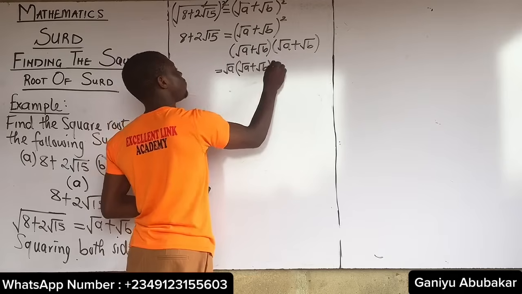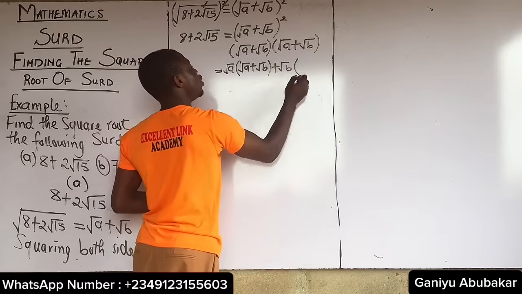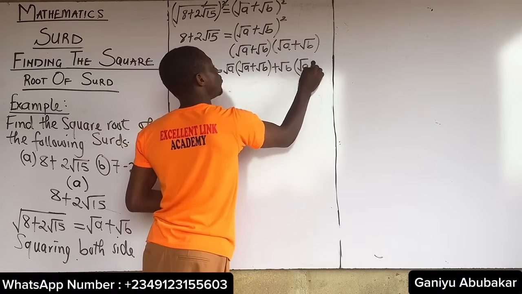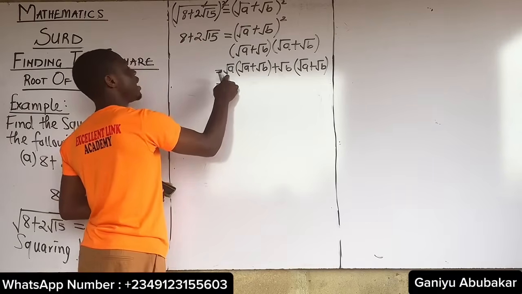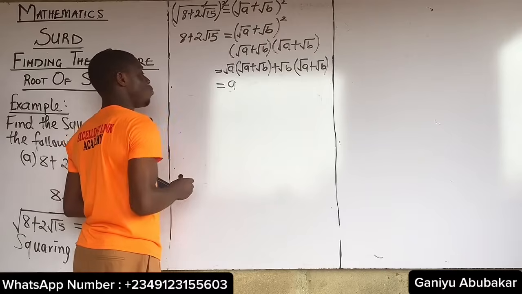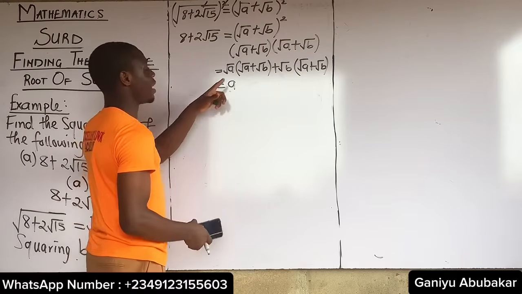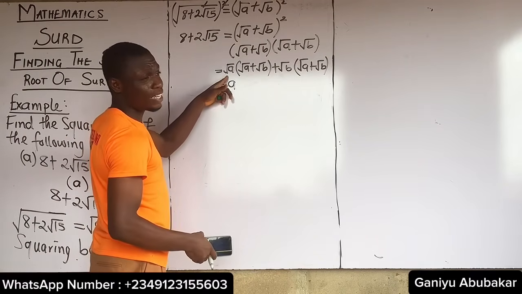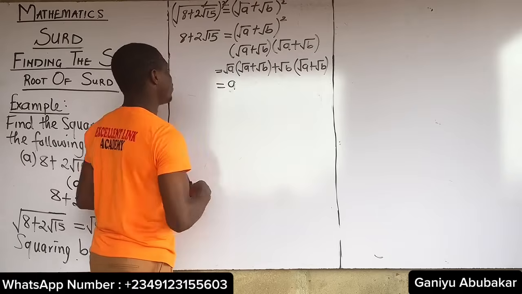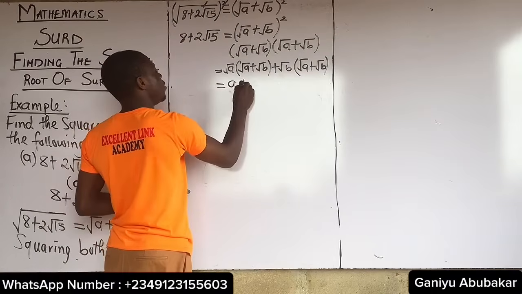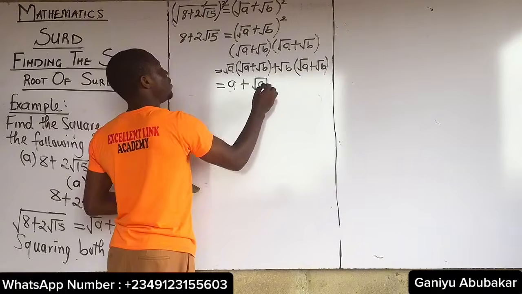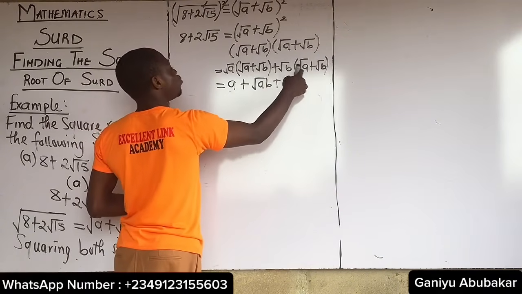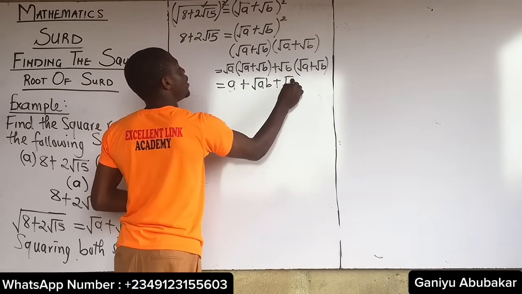Next task, I have plus root b into root a plus root b. At this point, root a times root a will give a. We have talked about all these concepts in our last class on surds. So root a times root a will give a, plus root a times root b will give root ab, plus root b times root a will give root ab.